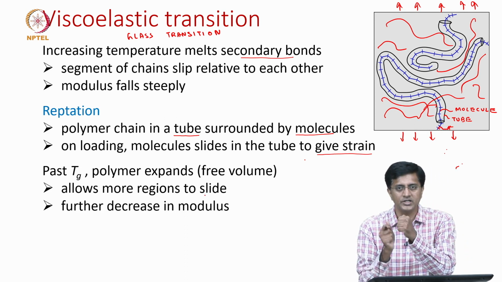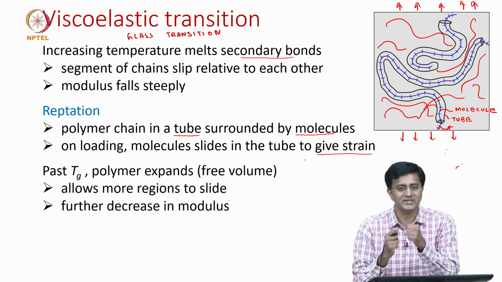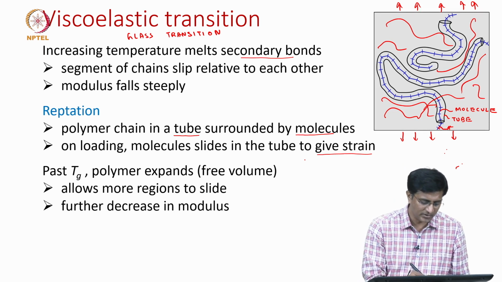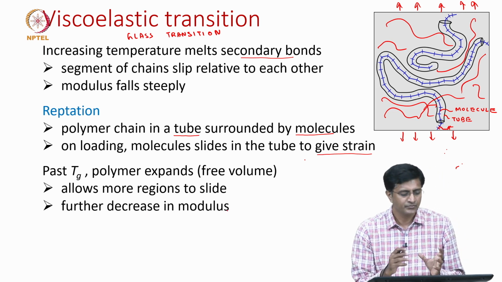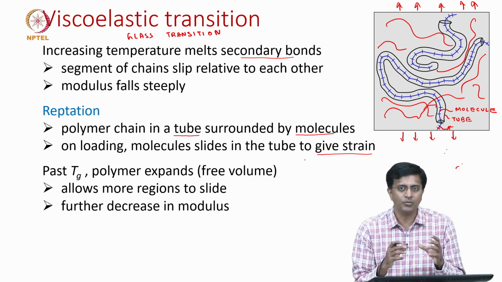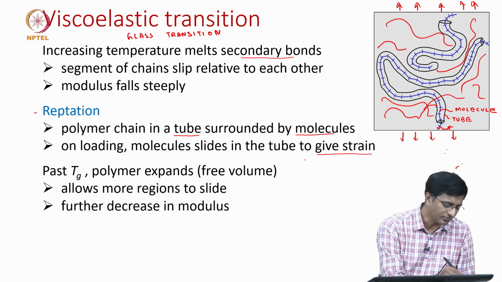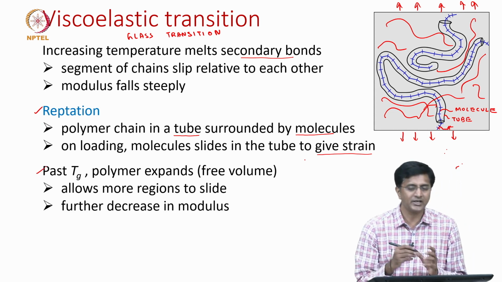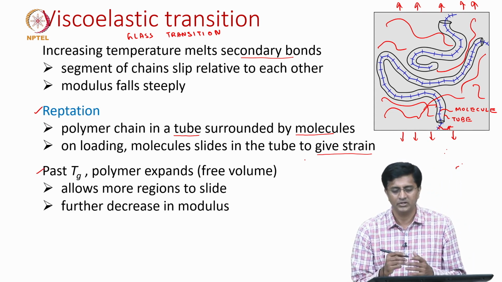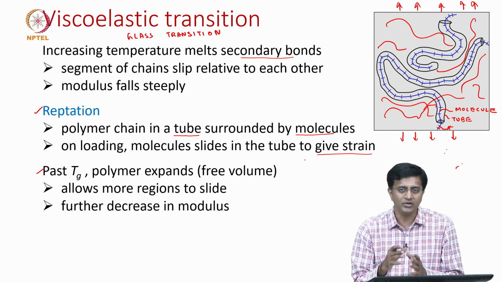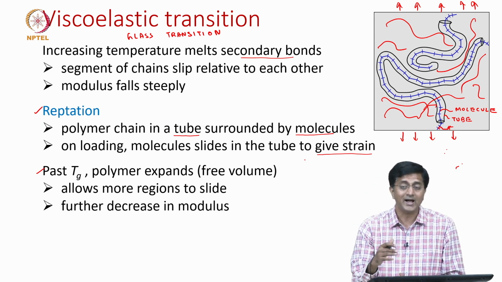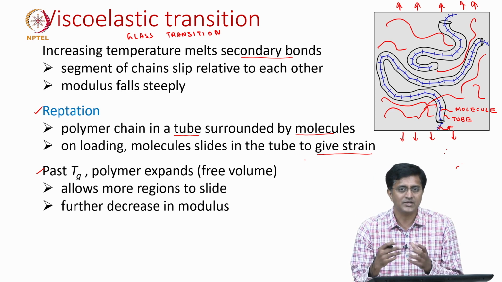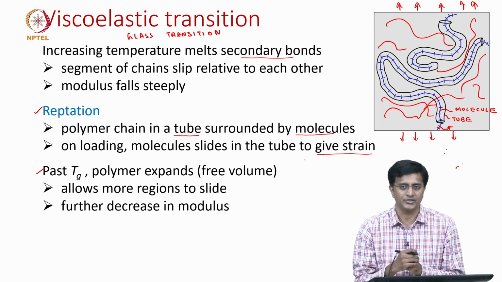Now the molecular chains are free to move past each other, and this further decreases the modulus. So, the decrease in the modulus is a combination of this reptation as well as the increased free volume. This is the reason why we see a large decrease in the modulus, by several orders of magnitude.